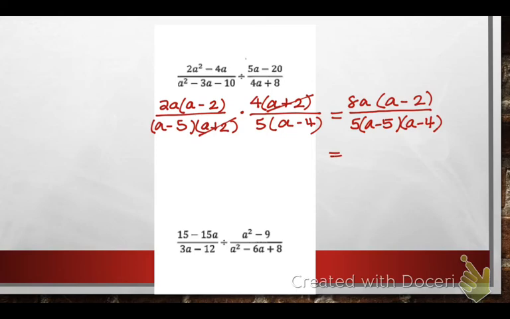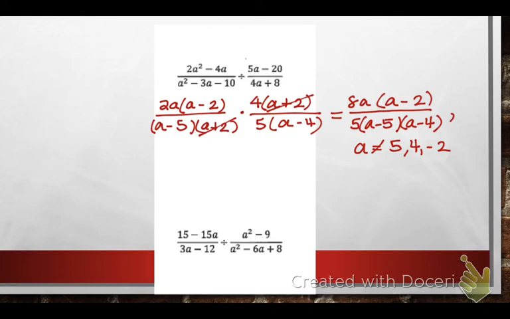And you see, we're not going to multiply things back out. We're going to leave that just like that. There's no sense in doing extra work. And then we have to say that a cannot be equal to 5 and 4 and negative 2 because of domain restriction.